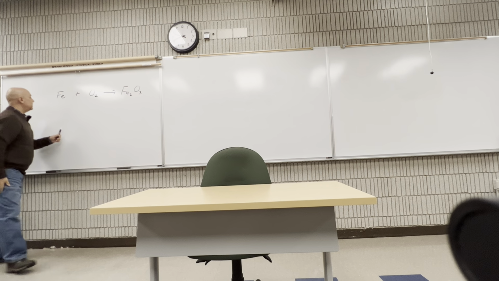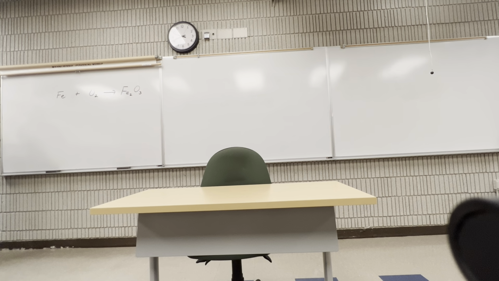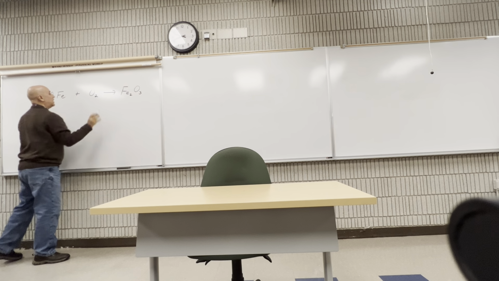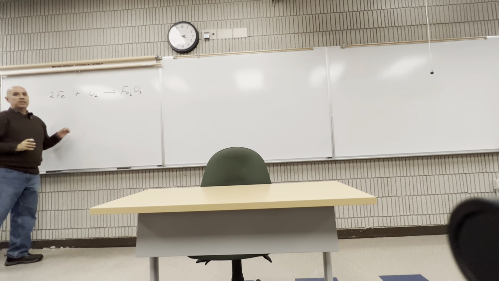Is it balanced? Well, we have 1 iron, 2 iron, so it's not balanced. We need to balance it. And this may not work with just putting a 2 here, but we can start there. So 2 there, 2 and 2, that's balanced. 2 oxygens, there are 3 oxygens there, so that's not balanced.